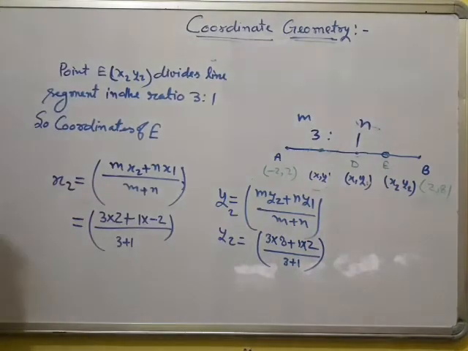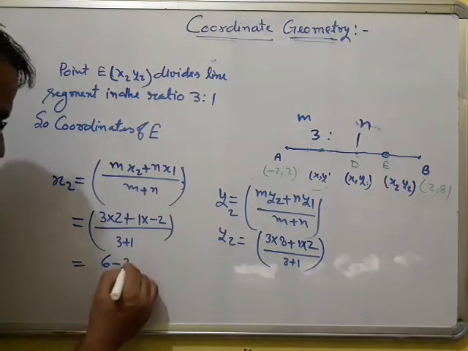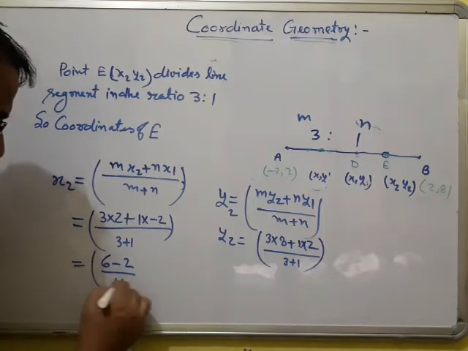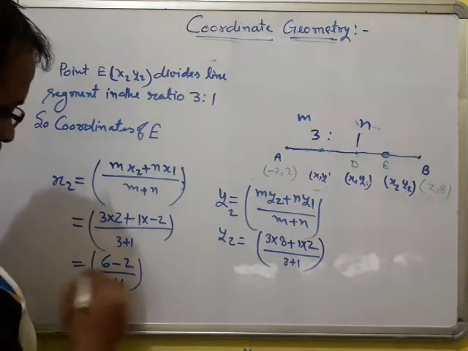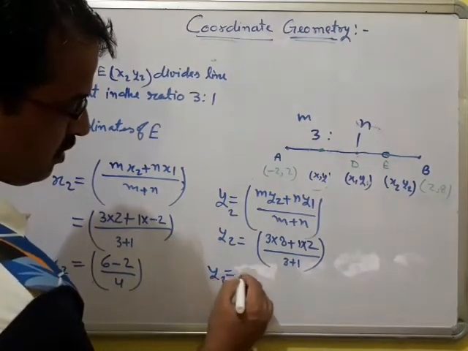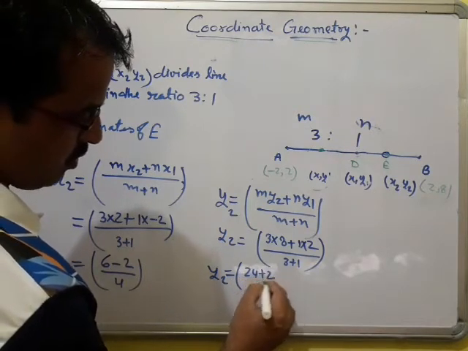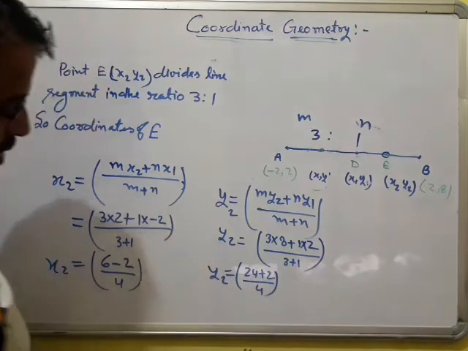Clear? Now 3 2s are 6, minus 2 by 4 for x, and for y, 24 plus 2 by 4.